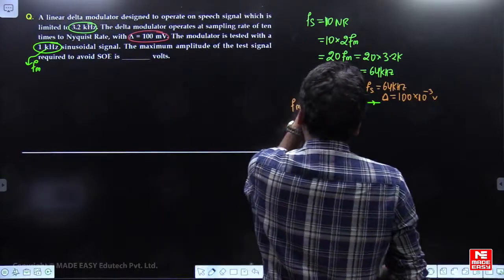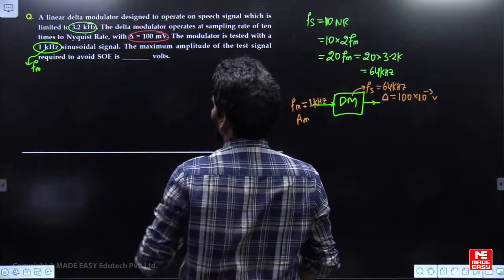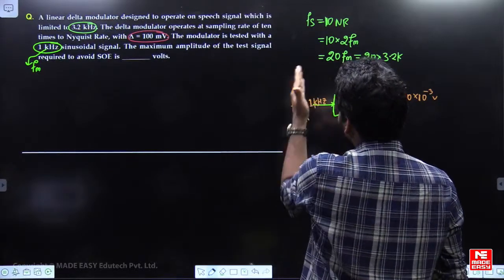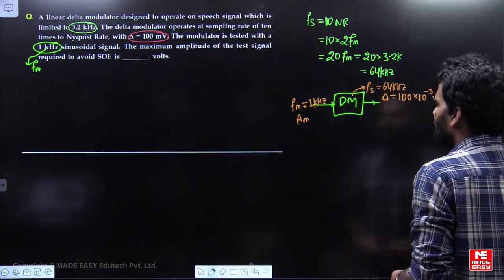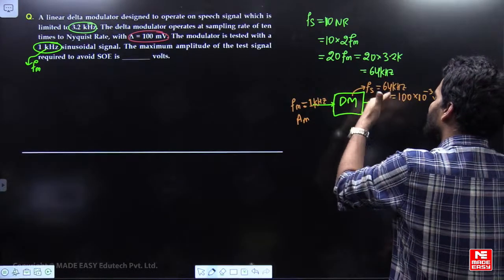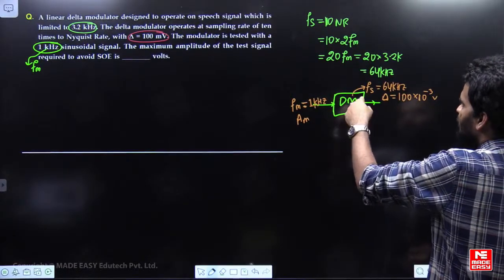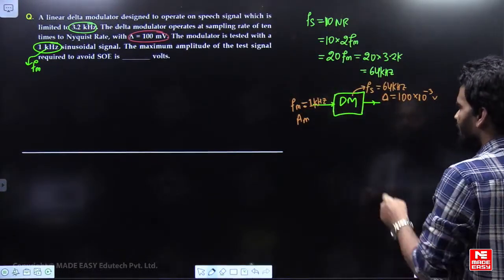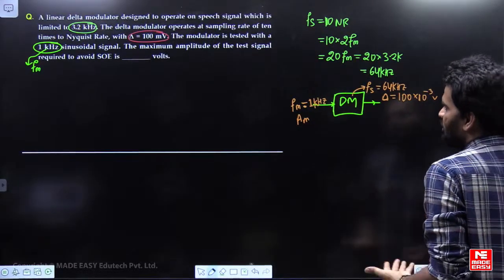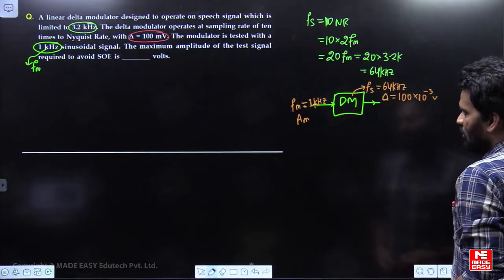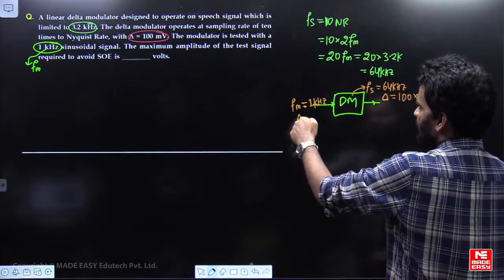But this delta modulator, which we already designed for some other signal, I am now testing with a different sinusoidal signal. Because of that, there might be a chance for SOE and GE.